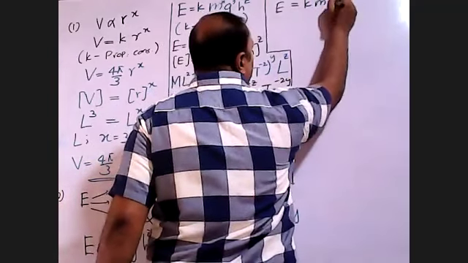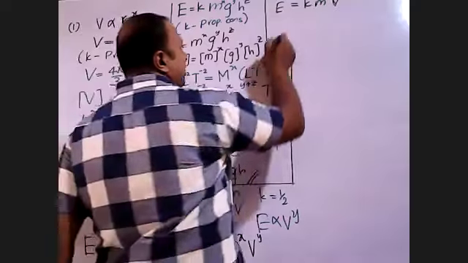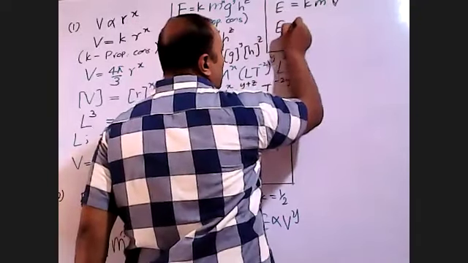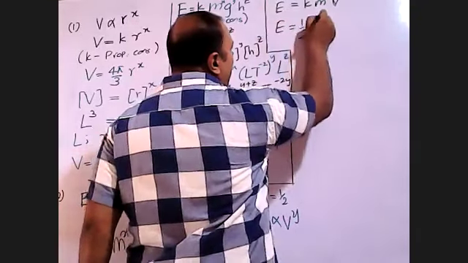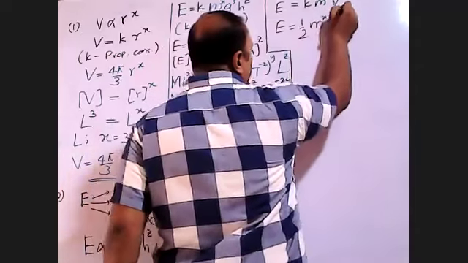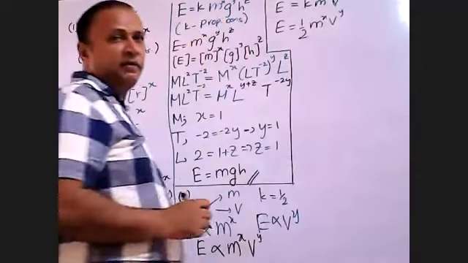K is a proportionality constant and that should be written earlier. Then I can write that K is given as half. So E is equal to half m to the power x, v to the power y.